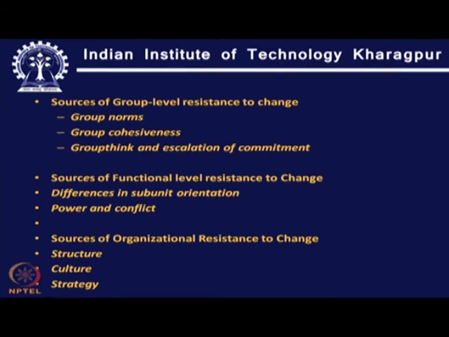Sources of group level resistance to change are the group norms, cohesiveness, groupthink and escalation of commitment. These could be barriers to the introduction of new changes in the organization. Some group norms are so strict that they won't allow outside information to flow in to disturb the status quo of the group.